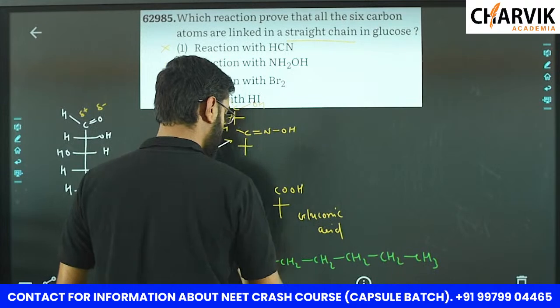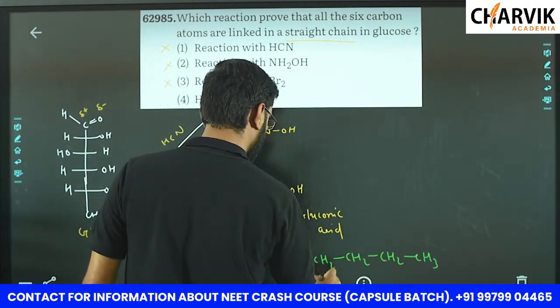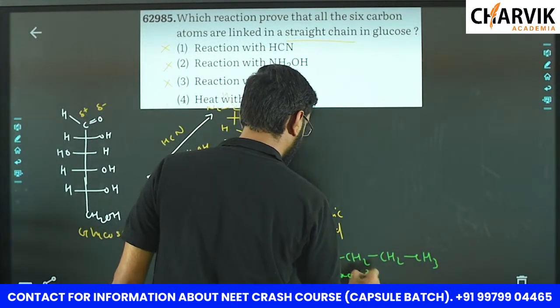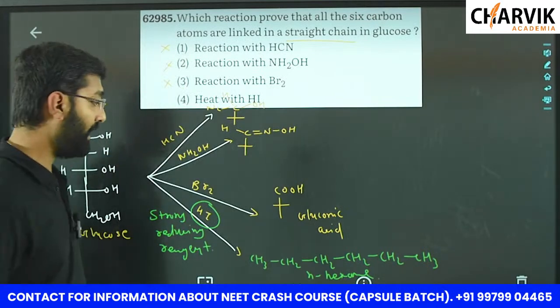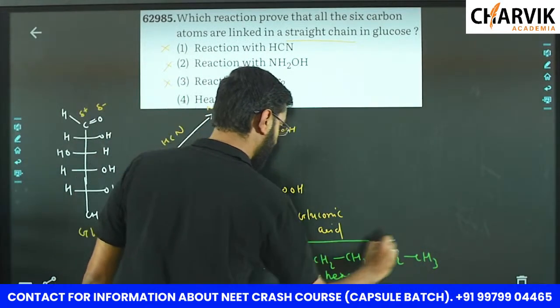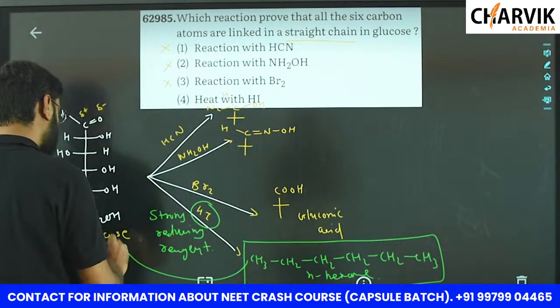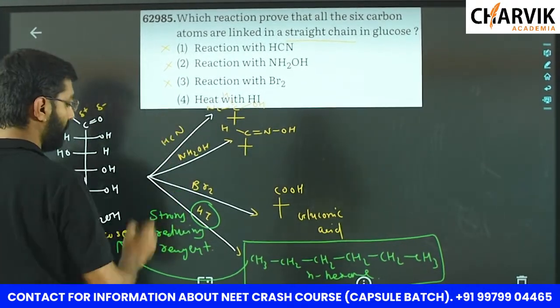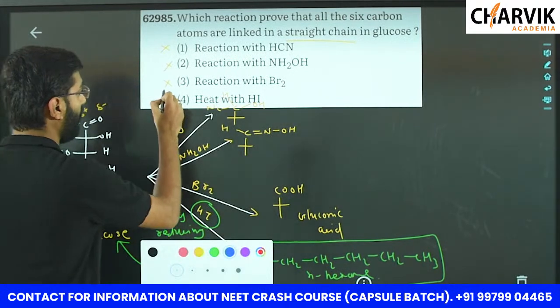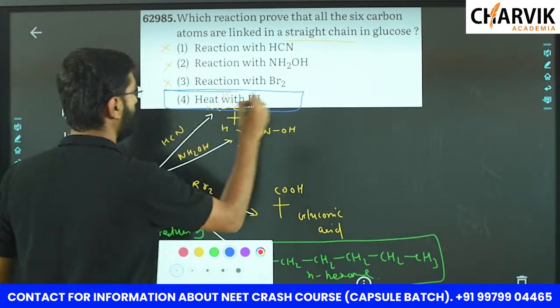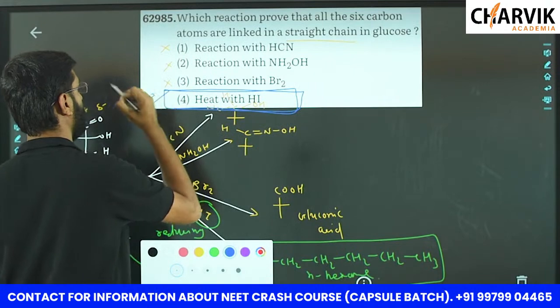This is your n-hexane, right? And formation of n-hexane is evidence that glucose is in linear form. So your correct option is fourth.